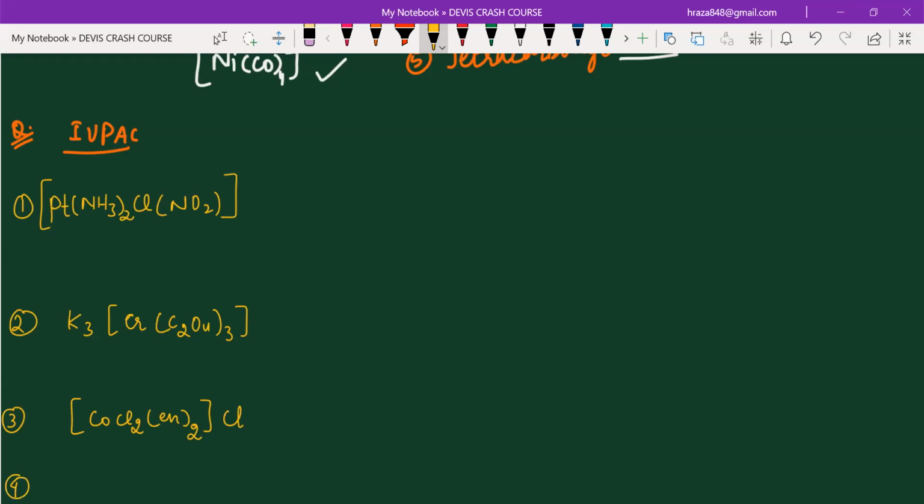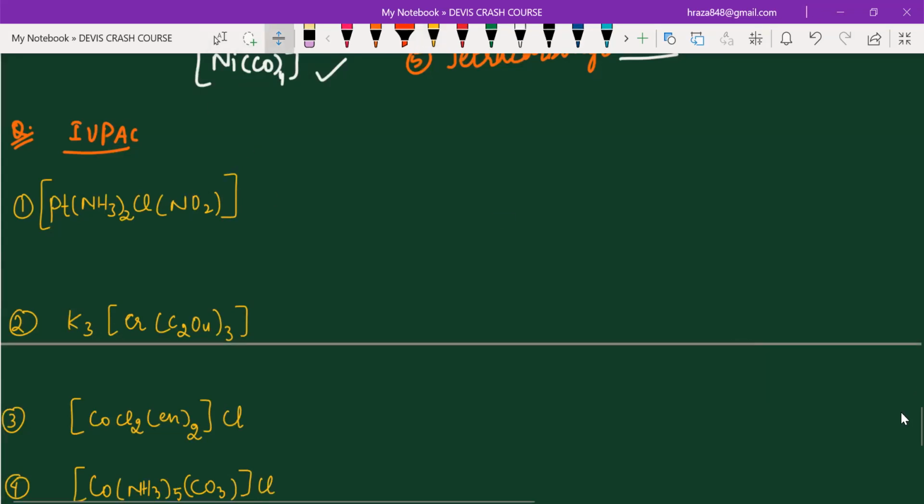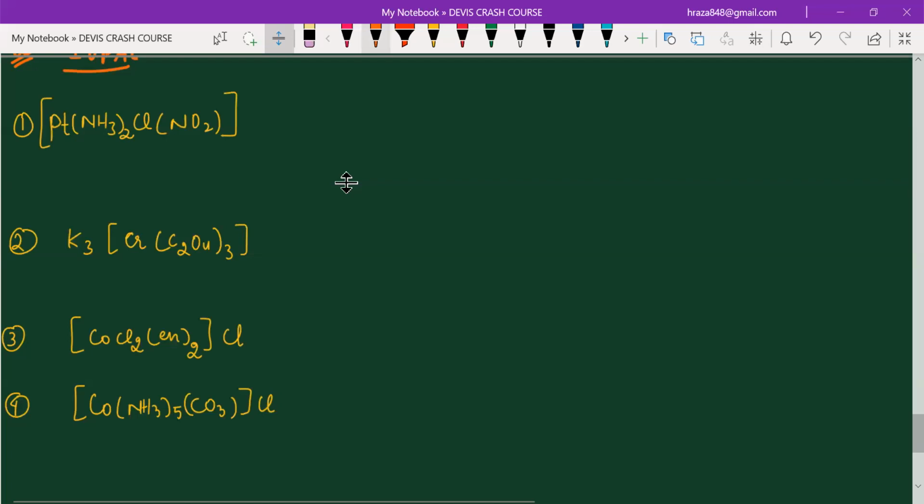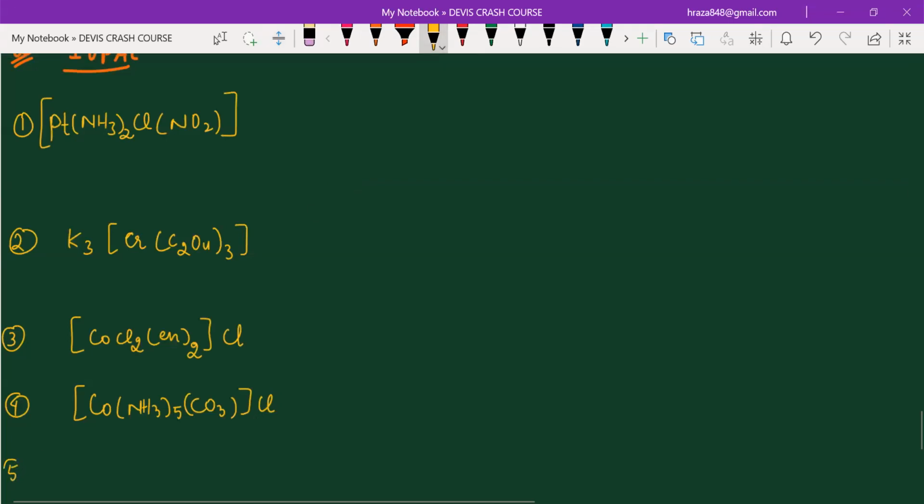Then comes the fourth, Co (NH3) whole 5 CO3 and Cl. Then Hg Co (SCN) whole 4.